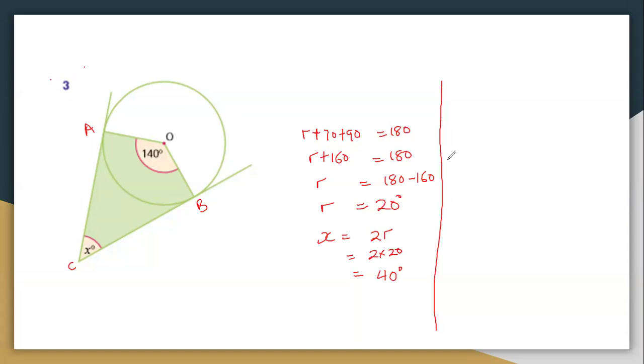I was just asking whether it's correct or not, because instead of bisecting it, I just added, because the two triangles, one was having 90 and the other 90. So I just added them together and it gave me 180. So to get X, I just subtracted 180 minus 140, giving me the X.